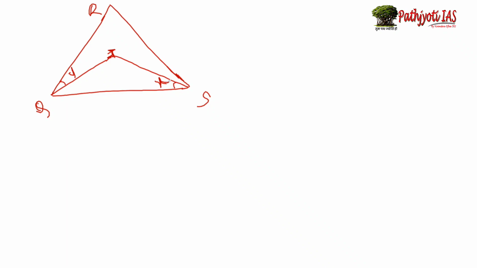Okay, this QRS आपका equilateral triangle है. And TQS, ये जो छोटा वाला triangle है, this is an isosceles triangle.